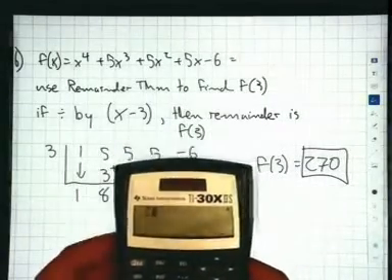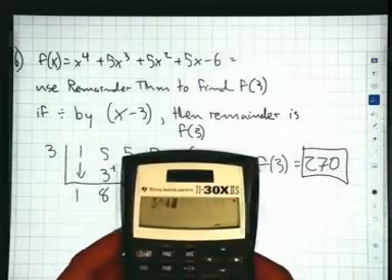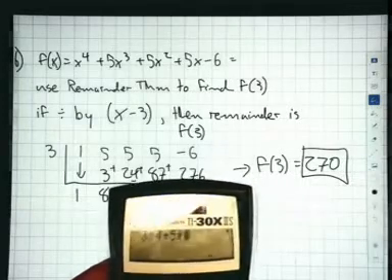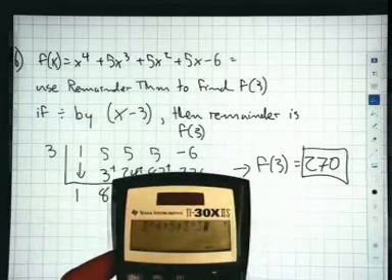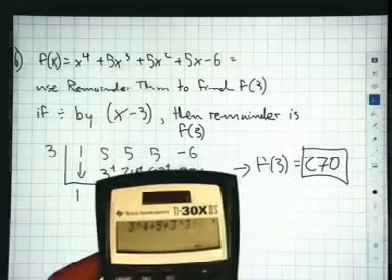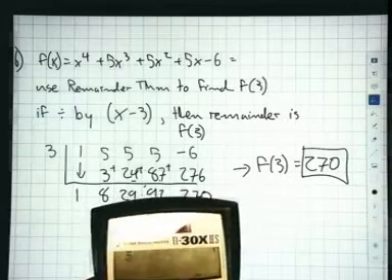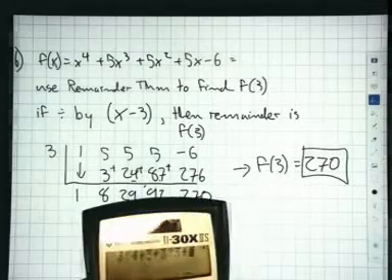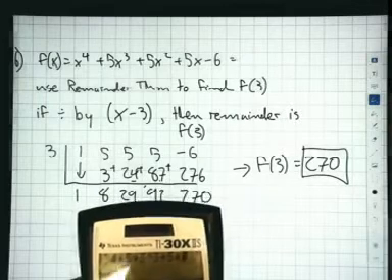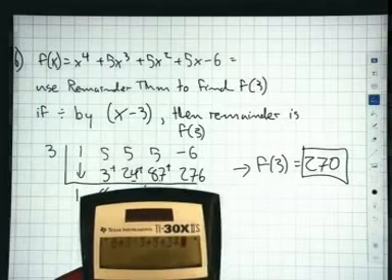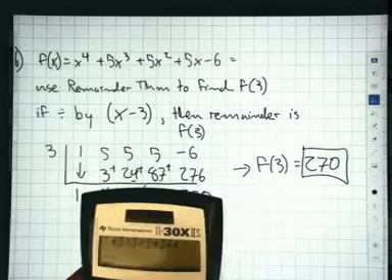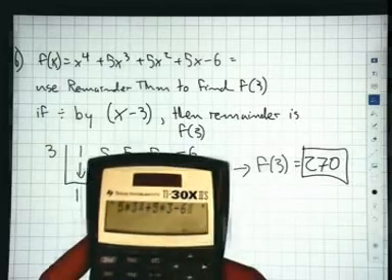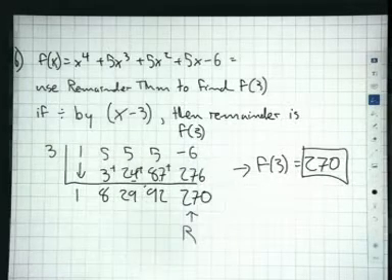We're going to do 3 to the 4th plus 5 times 3 to the 3rd plus 5 times 3 squared plus 5 times 3 minus 6. So there I typed it all in, and we get 270.